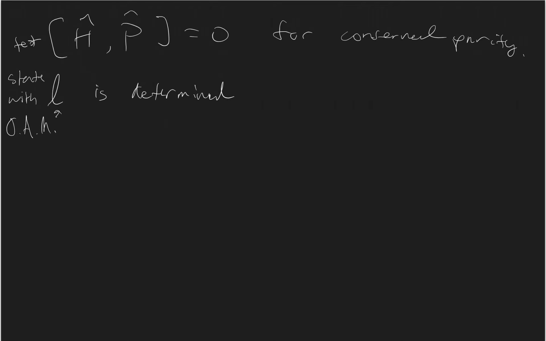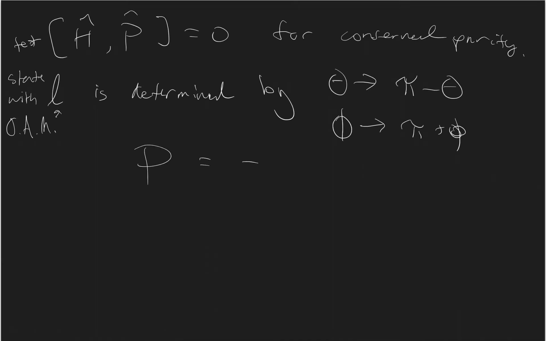L is the orbital angular momentum, and it is determined by how the spherical harmonics transform, basically how they transform when we look at these different transformations that we could apply to the polar coordinates, or the azimuthal coordinates. What happens when we do this?